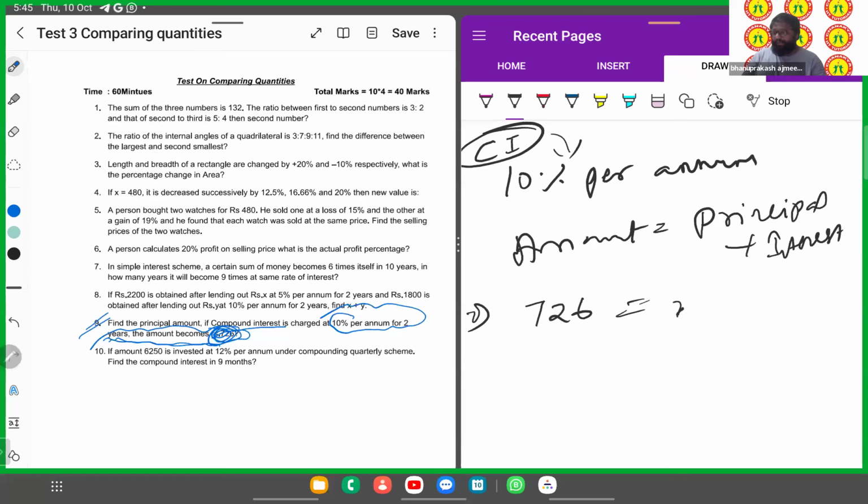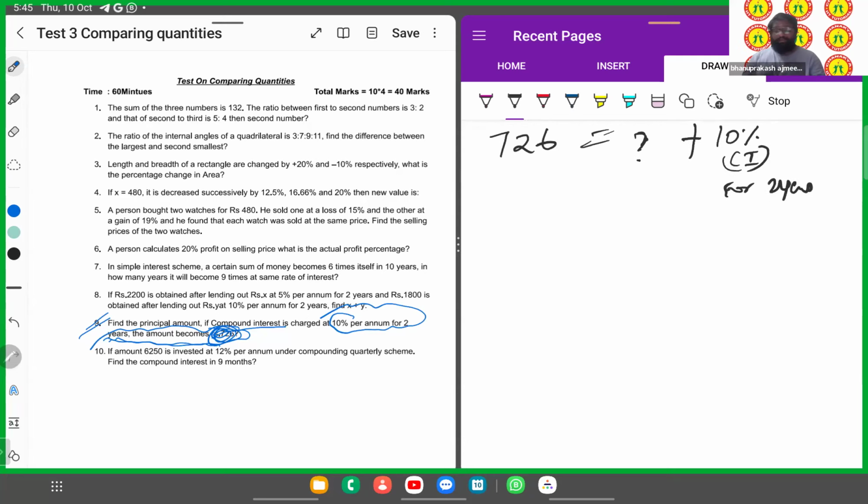Let us assume it to be a question mark, plus interest. Interest is 10% compound interest per annum, and it is charged for 2 years.